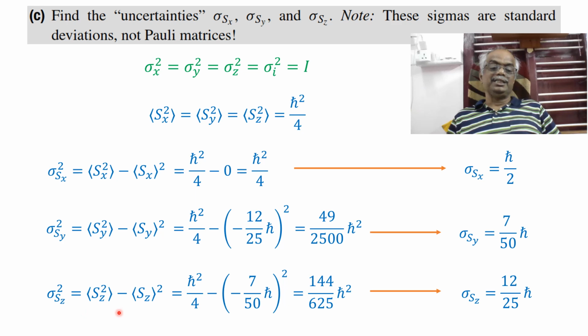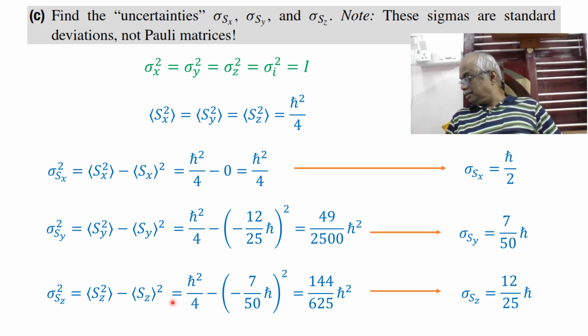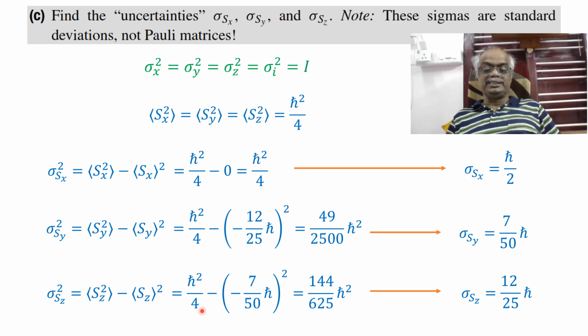Similarly, for Sz, this is ħ² divided by 4 minus this one, minus 7 over 50 ħ, whole squared. If you simplify this, you will get 144 divided by 625 ħ².